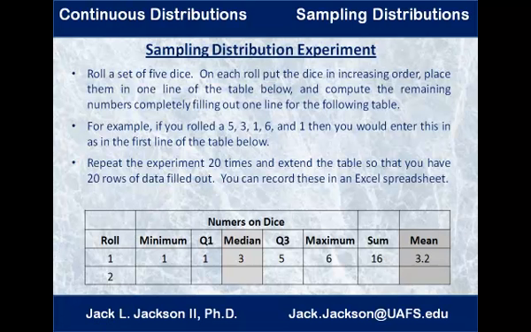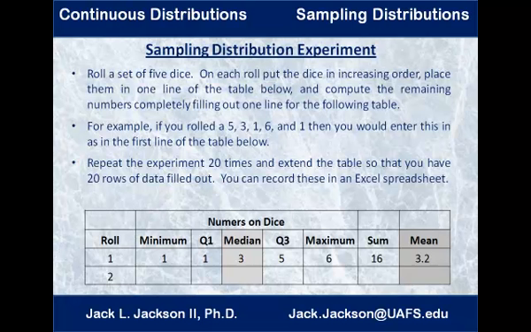So what we want to do is do this experiment 20 times. For example, here I've done the experiment once. I want you to do this experiment yourself 20 times and make a new table. You can erase this first row and put your own data in there. And make a table of 20 rows.